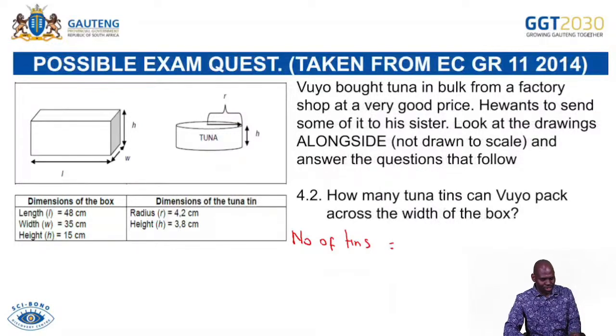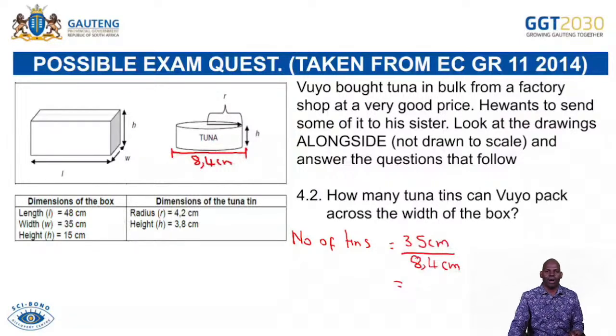So the number of tins, the width wise is 35 centimeters, and then we divide it by the diameter, not the radius. The diameter is 8.4 centimeters. Both of them are now the same unit. If you take your calculator, 35 divided by 8.4, we get 4.1666.